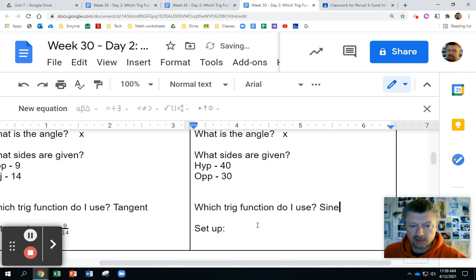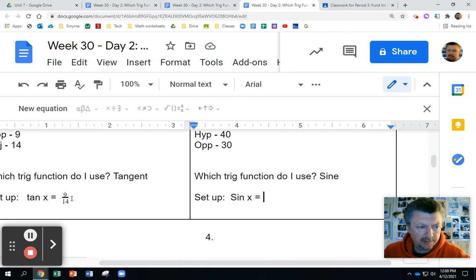So again, we're going to use sine. That's actually how you spell sine, but when you do the setup, you just put S-I-N. It's pronounced sine, not sin. Now you're going to put the angle, sine of x. You always have the angle right after whatever trig name it is, tangent, cosine, whatever. And we have opposite over hypotenuse, 30 over 40.